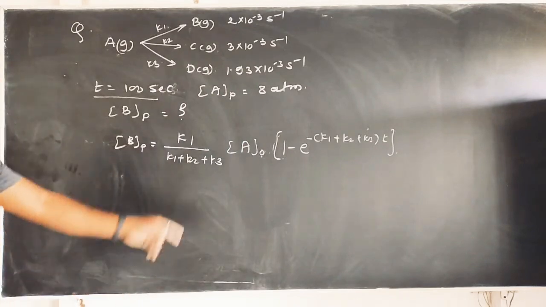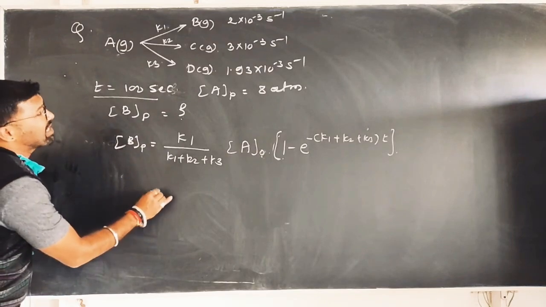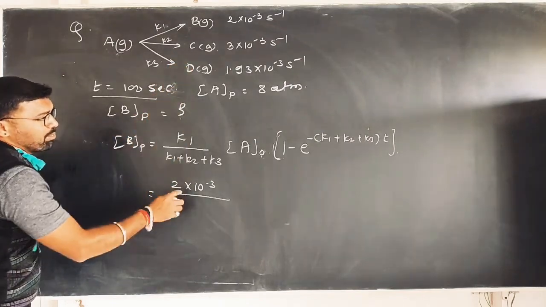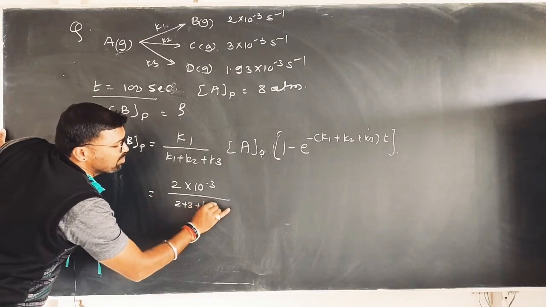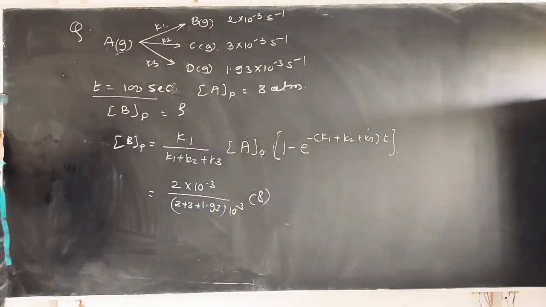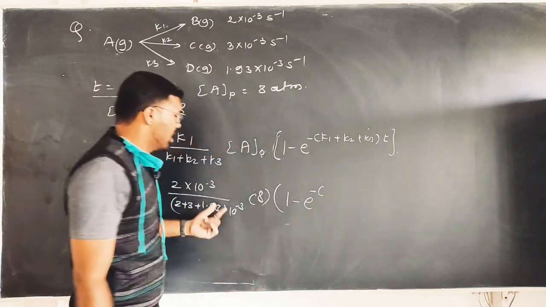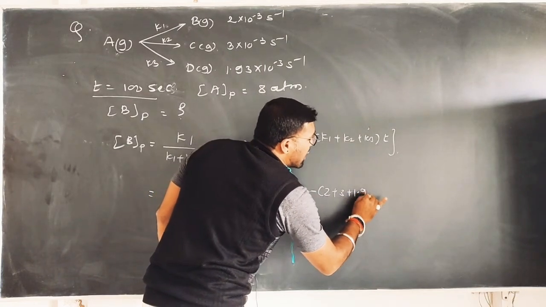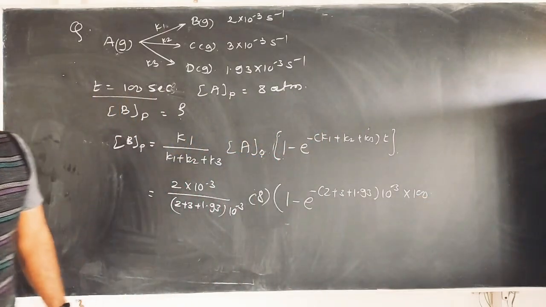This is about the reaction. By putting in the values, K1 is equal to 2 into 10 raised to minus 3. Taking 10 raised to minus 3 as common, the denominator is 2 plus 3 plus 1.93 into 10 raised to minus 3. With 8 atm initial pressure of A, this is equal to 1 minus e raised to minus (2 plus 3 plus 1.93) into 10 raised to minus 3 into 100 seconds, which is the time.